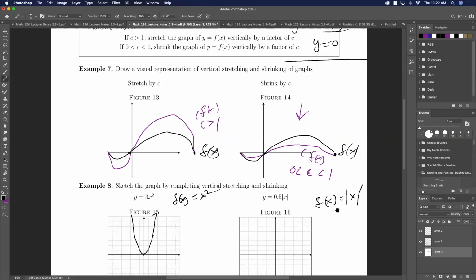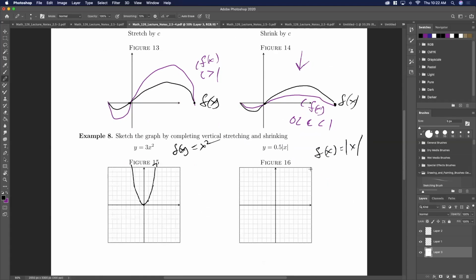All right, here we can draw this in real quick. So the absolute value of x looks like this, a v. I don't think we did this last time. So let's go ahead and do this.